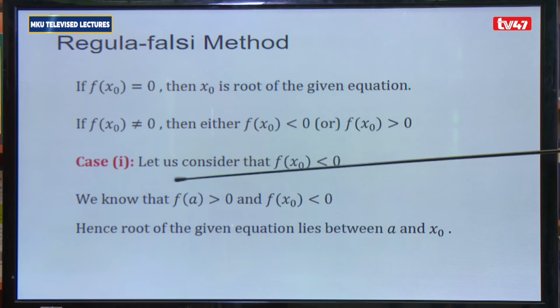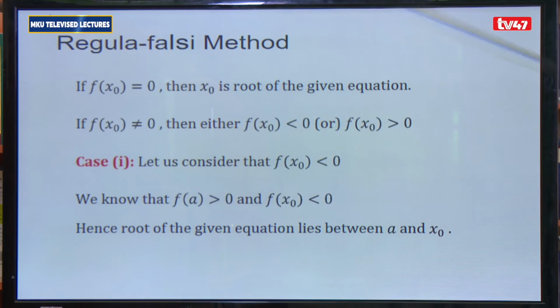So if we know that f(A) is greater than 0, for example, and f(x naught) is less than 0, then we can easily say that the root will lie between A and x naught.